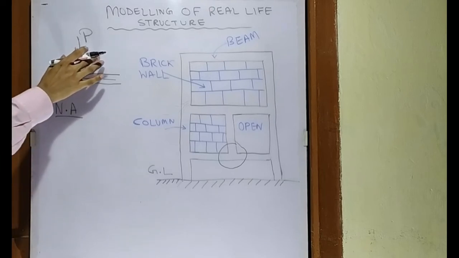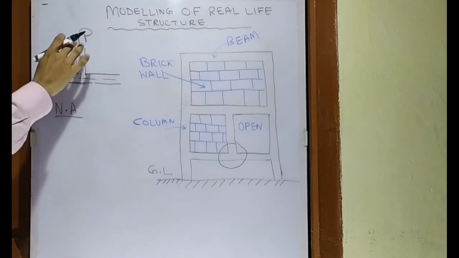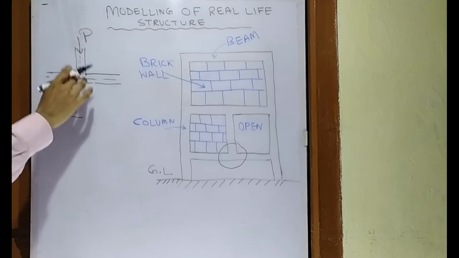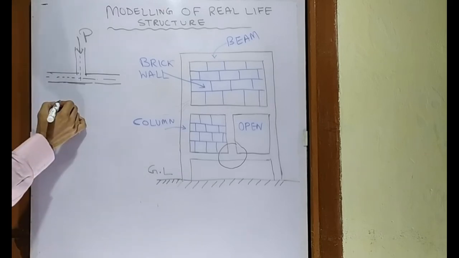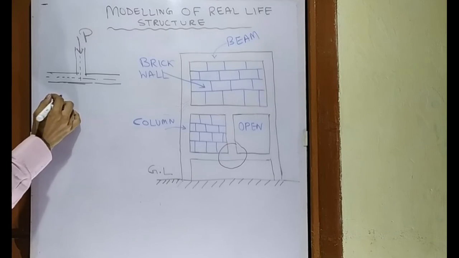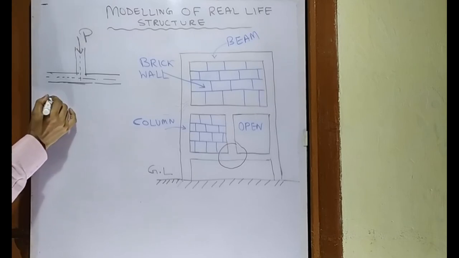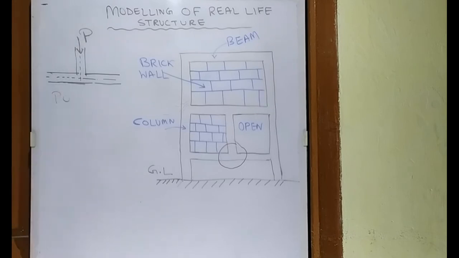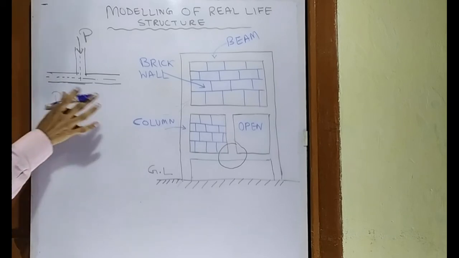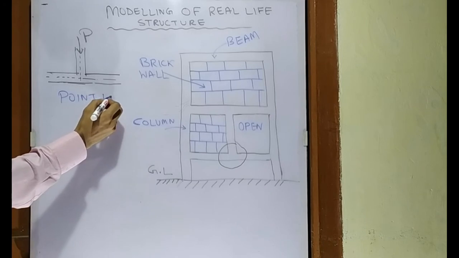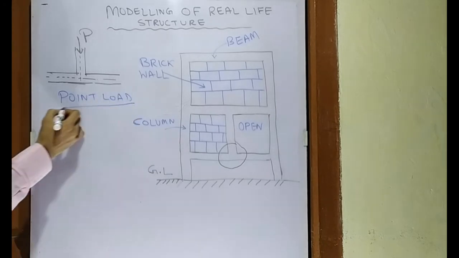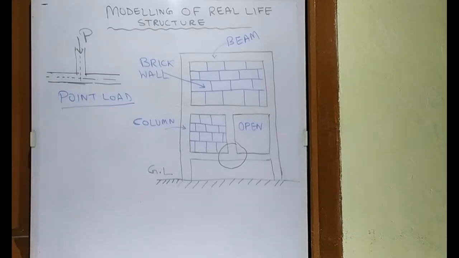So let us assume that the load is acting through the neutral axis of this column, so we will consider this loading as a point load.